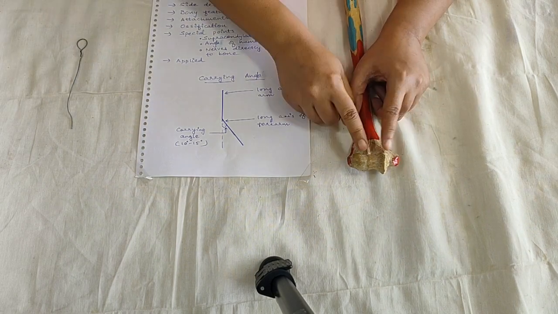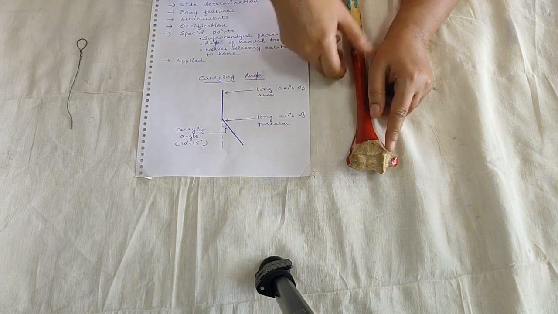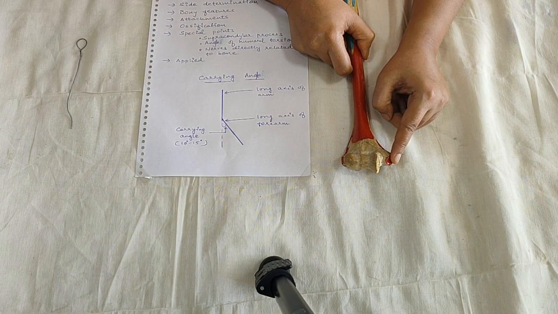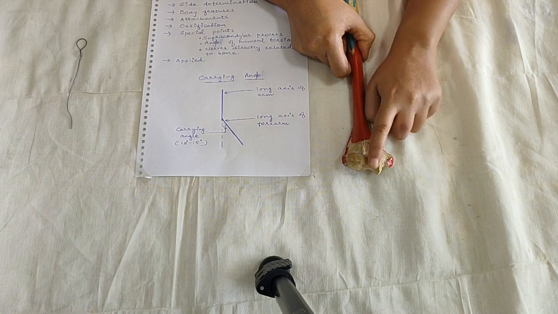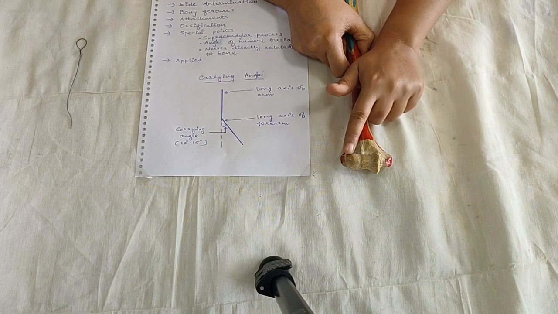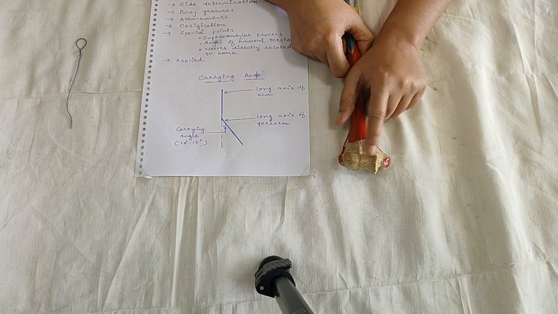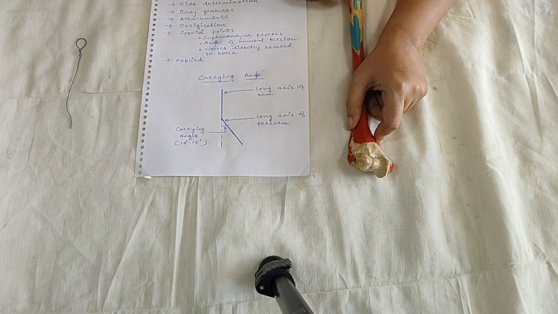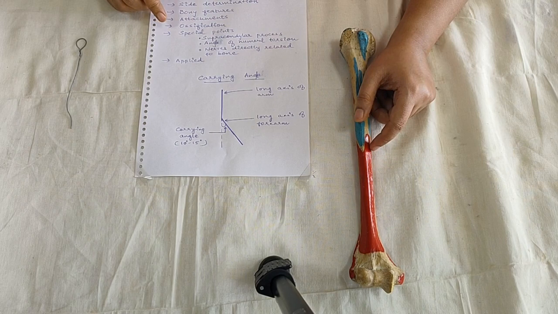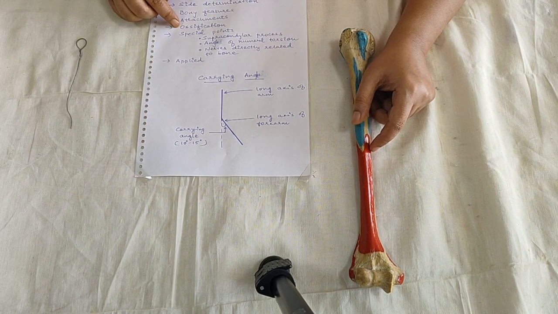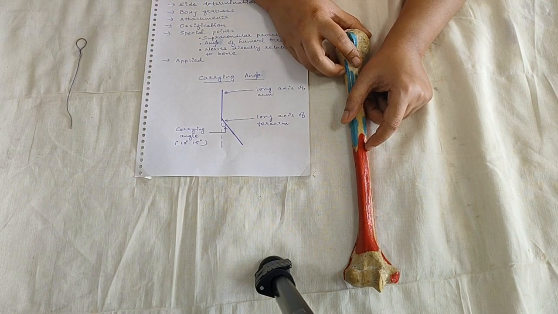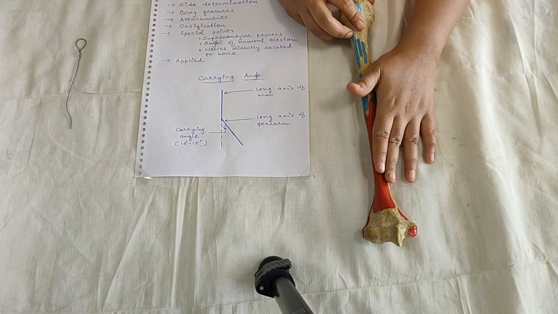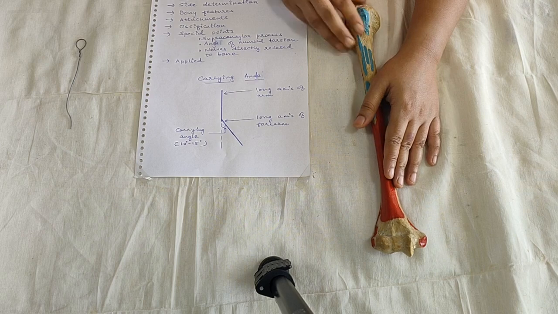For the lower end, there are 4 centers: 1 for the medial epicondyle, 1 for the medial flange of the trochlea, 1 for the lateral flange and capitulum, and 1 for the lateral epicondyle. This is about the ossification. Coming to the nutrient artery, the nutrient artery of the humerus is a branch of the brachial artery.